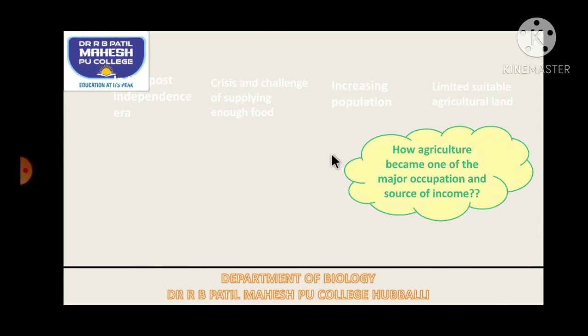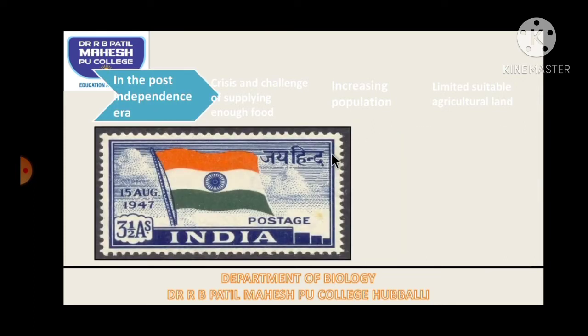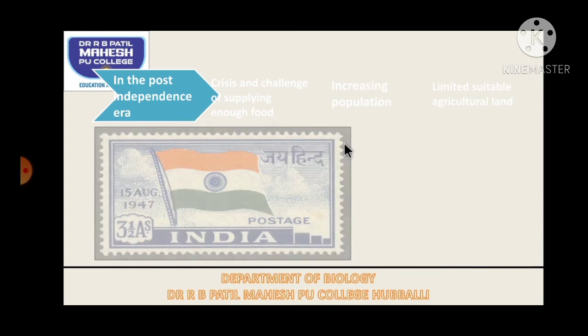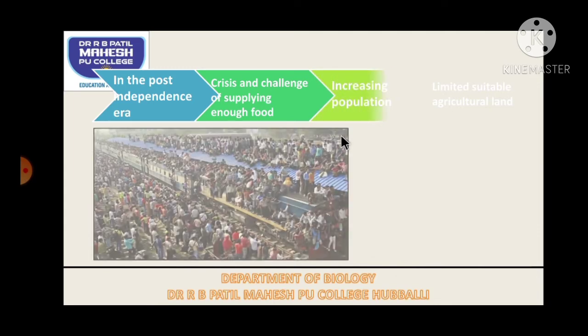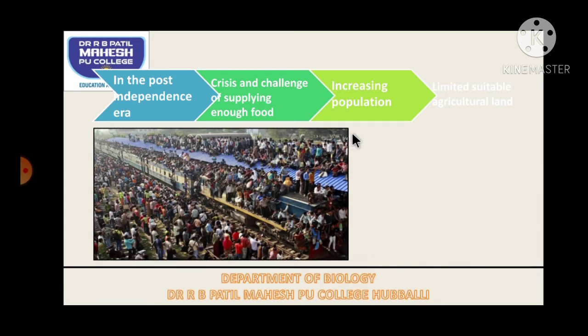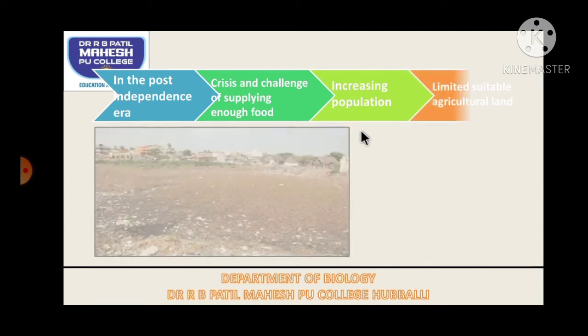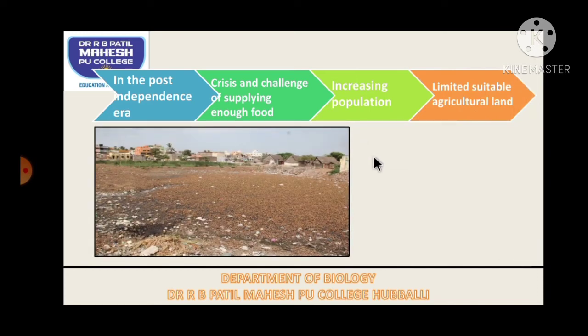In the post-independence period, the most important challenge which we faced was the supply of enough food to the growing population. Population was increasing at an alarming rate, and at the same time we had very limited suitable agricultural land.